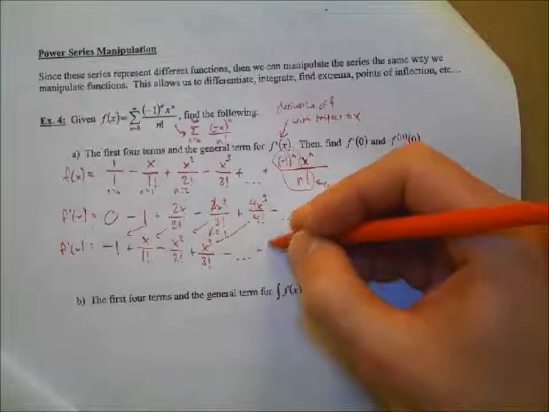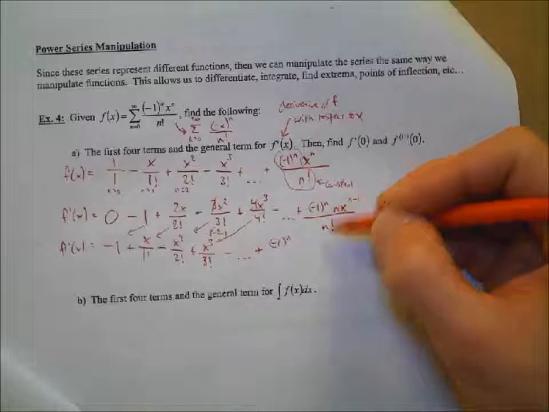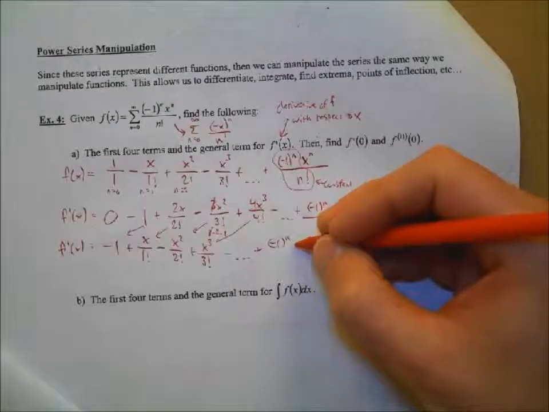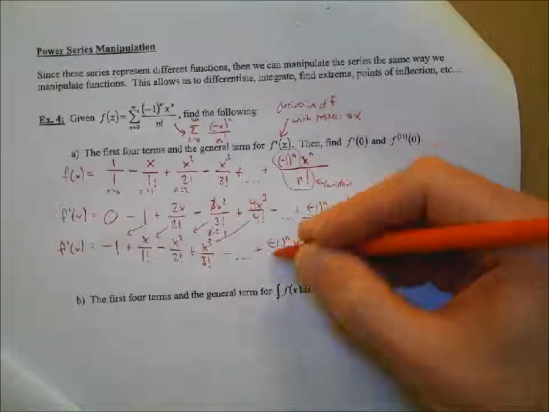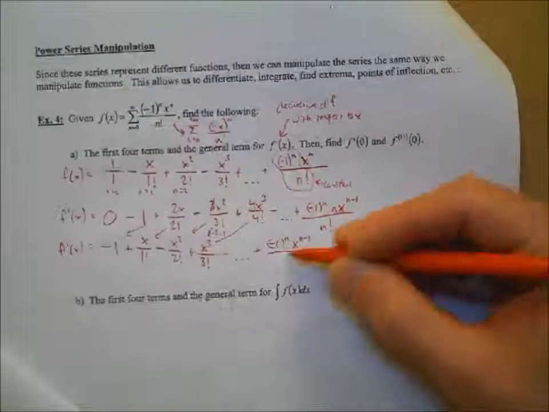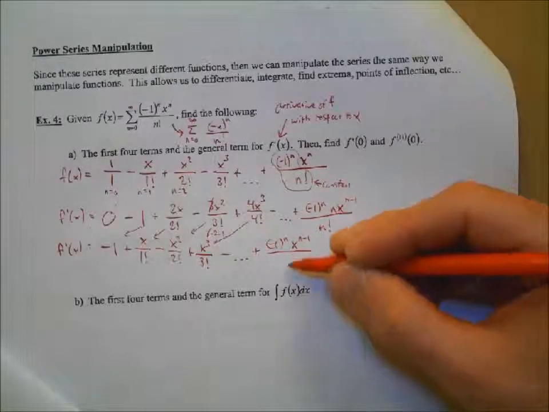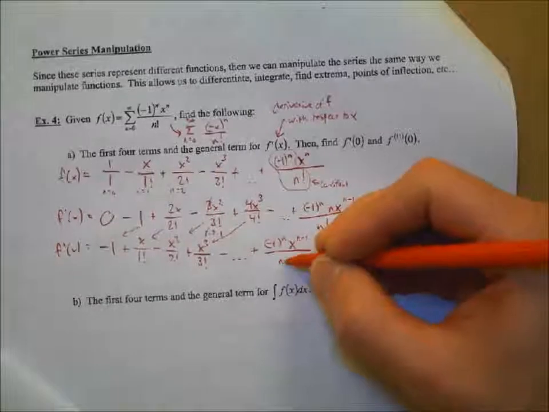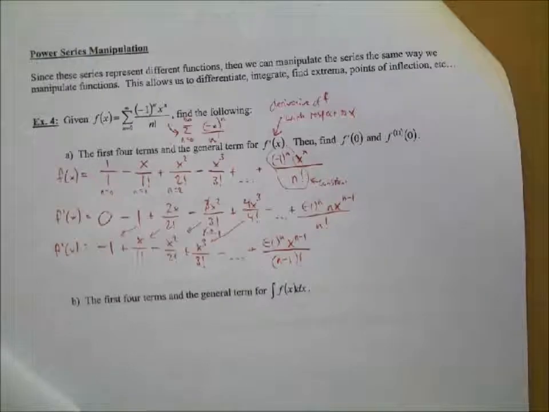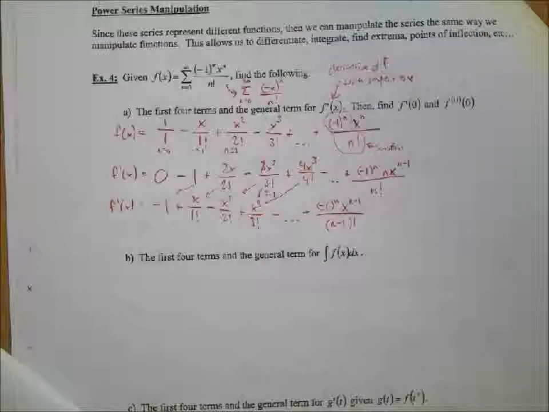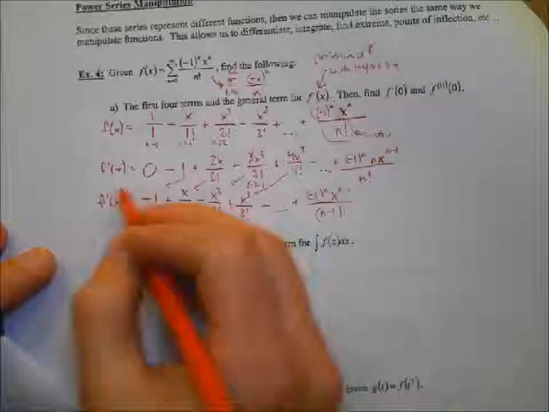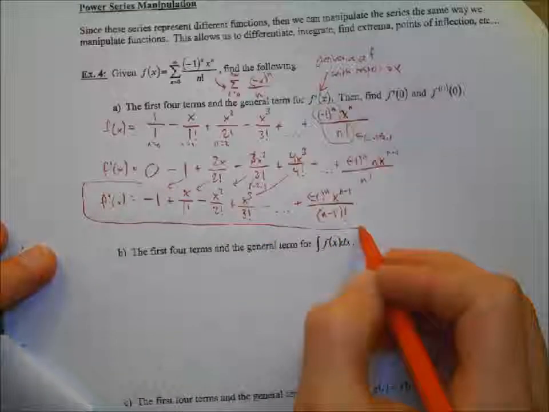The negative 1 to the n, the n and the n factorial are going to simplify. So we'll have negative 1 to the n, x to the n minus 1 over n minus 1 factorial, right. And so there is f prime of x, as we were asked to find it, and its general term as well.